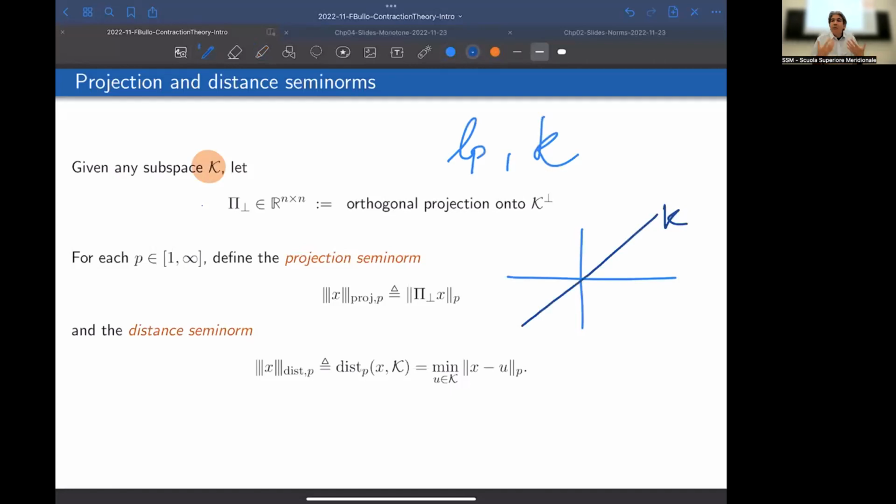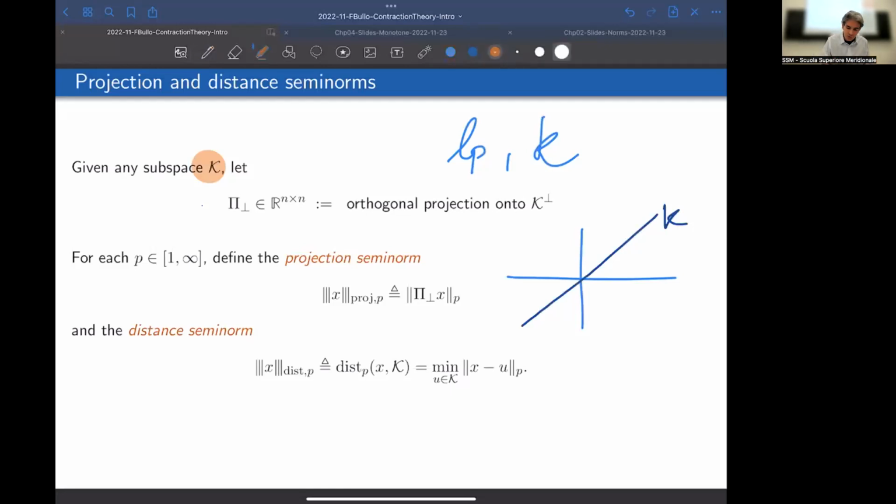What possible semi-norms may arise? That's the question. I'm looking for semi-norms, and I want to use the LP norms to construct them. It's almost open-ended: what can you possibly do? It turns out that there are two things that are very natural to do.